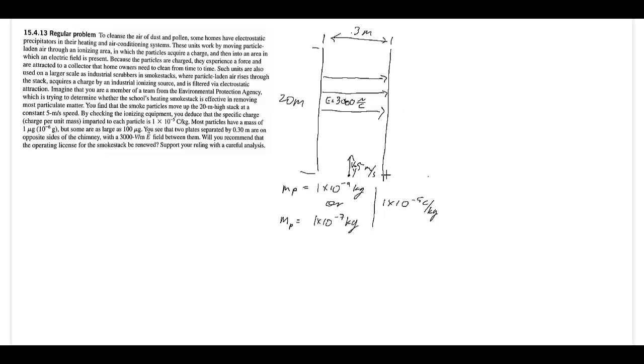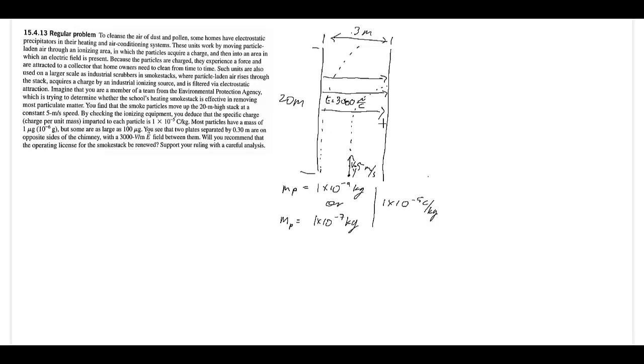So what I picture happening is this: you have these particles moving with some velocity up. They encounter this E field here, and then as they go up, they sort of drift to the side when they enter the field. Now, this system will only work if the heaviest particle, starting from the furthest away from the side that it's being deflected to, will stay inside the chimney, will not surpass 20 meters by the time it travels this distance.